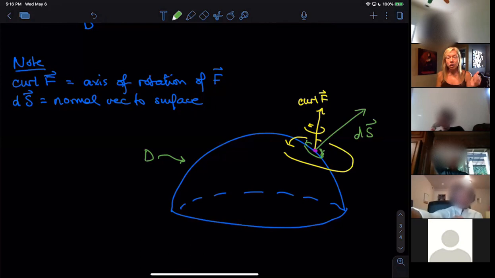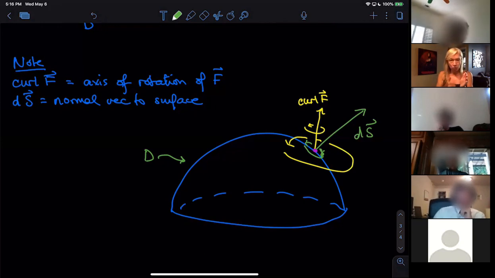So what I'm trying to say is curl of F dot dS measures how much of the rotation around the curl vector sort of propagates to a rotation parallel to or tangent to the surface at that point.